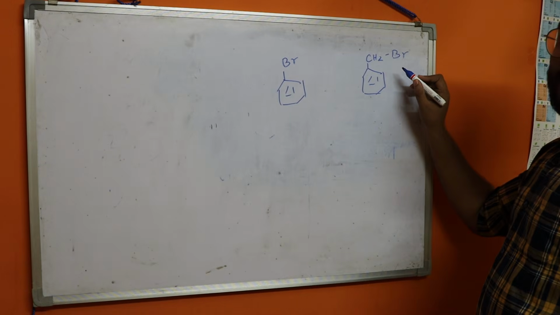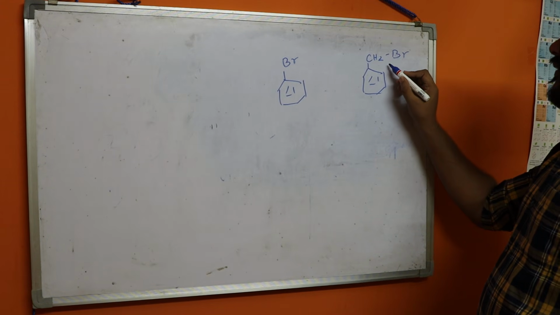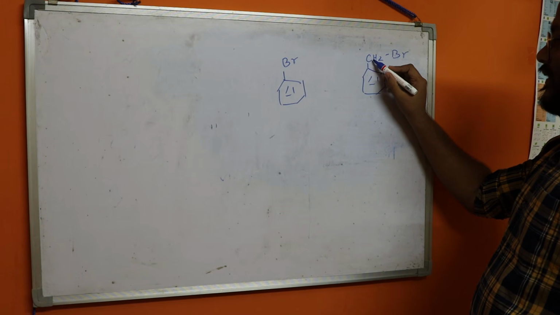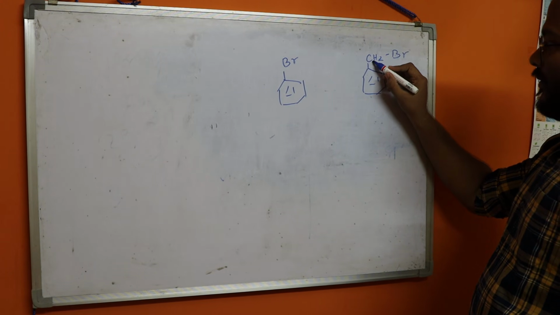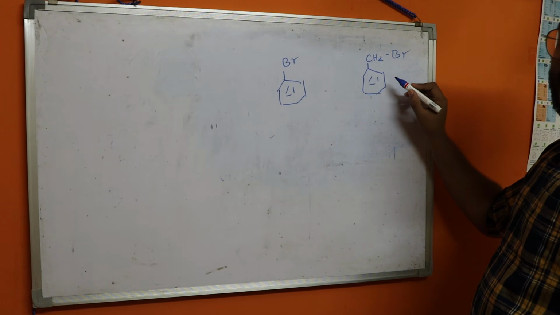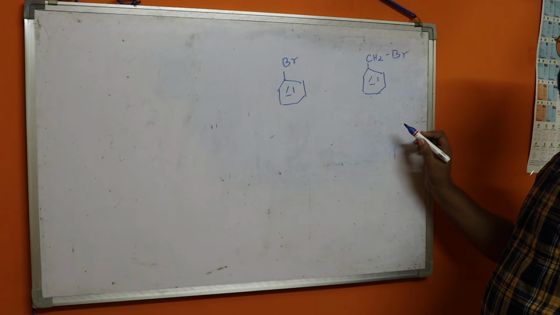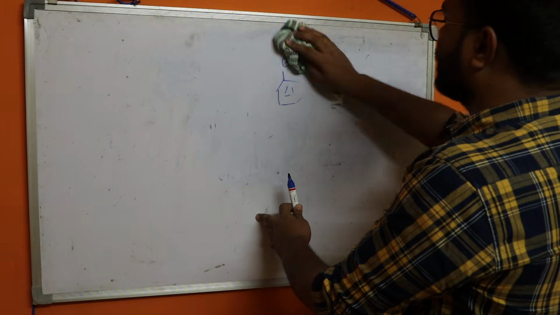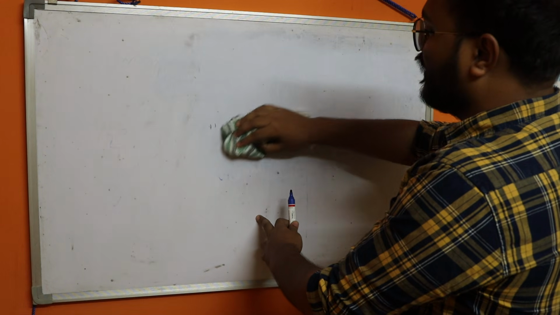This is called benzyl bromide. If the bromine is connected to the carbon which is conjugated to the aromatic ring, at that time we will call this one benzylic bromide.